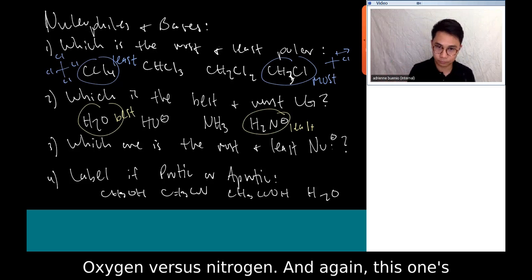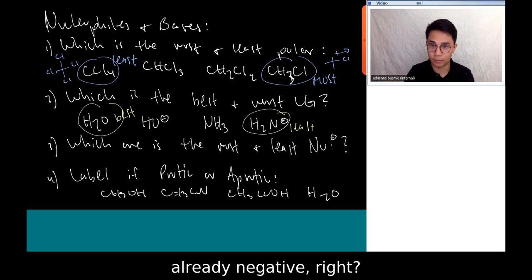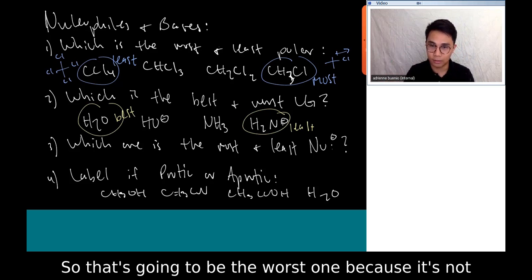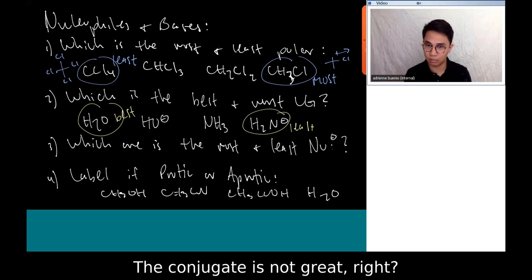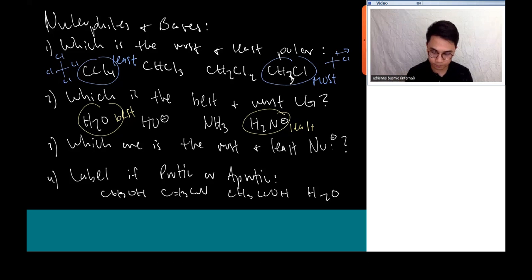Oxygen versus nitrogen. And this one's already negative, right? So that's going to be the worst one because it's not going to stand by itself. The conjugate is not great, right?